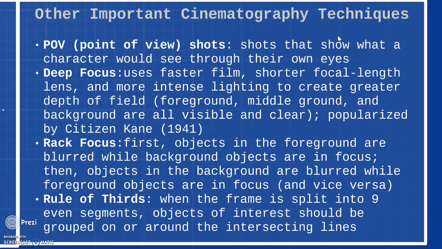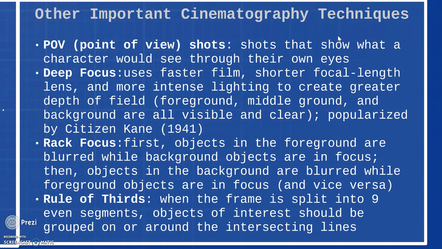Another cinematography technique that goes back at least until the early 1940s is the use of deep focus. And I talked about this a lot a couple weeks ago when we were talking about visual design, because deep focus requires that the cinematographer is doing a particular thing, but also that the space is designed in a specific way that makes it open to deep focus photography.